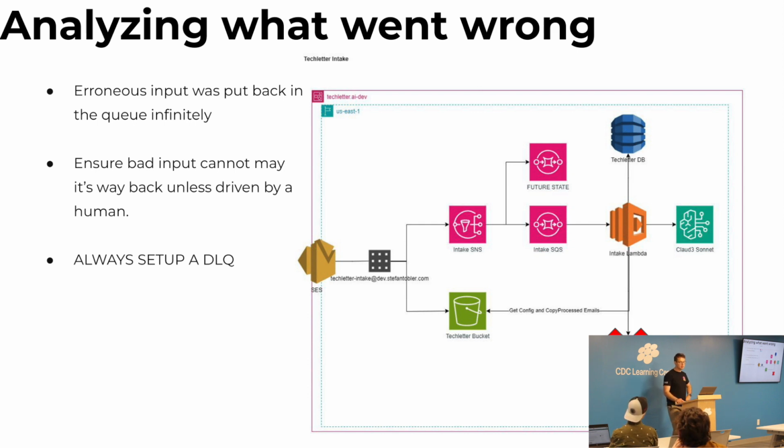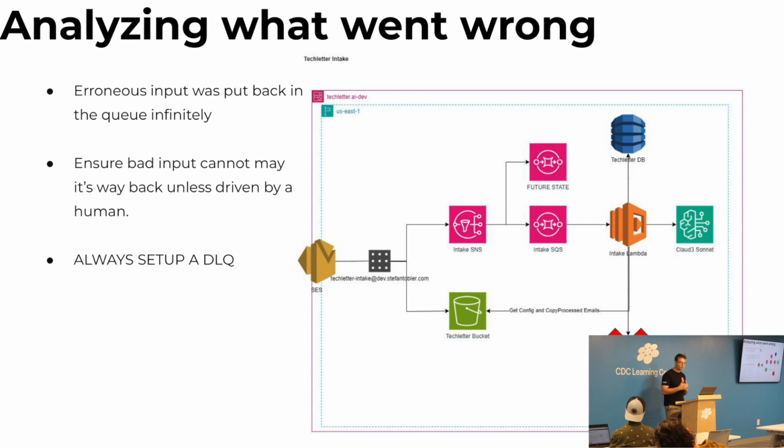The DLQ is a configuration you can put on the Lambda and the SQS queue. If your Lambda exits with an error after a set number of retries, the message will end up in the DLQ, and it will just exist there until it's either triaged by a person or you have another system that's alerting on the DLQ.